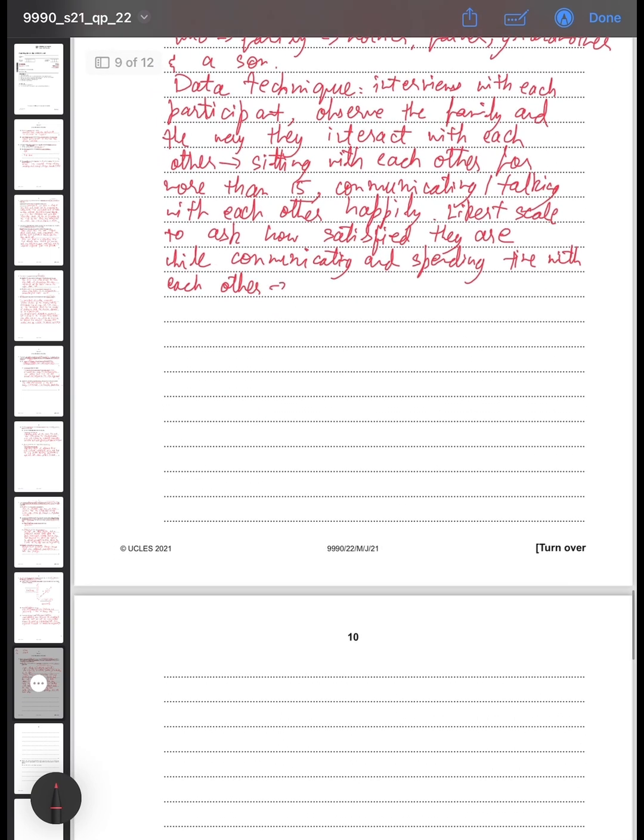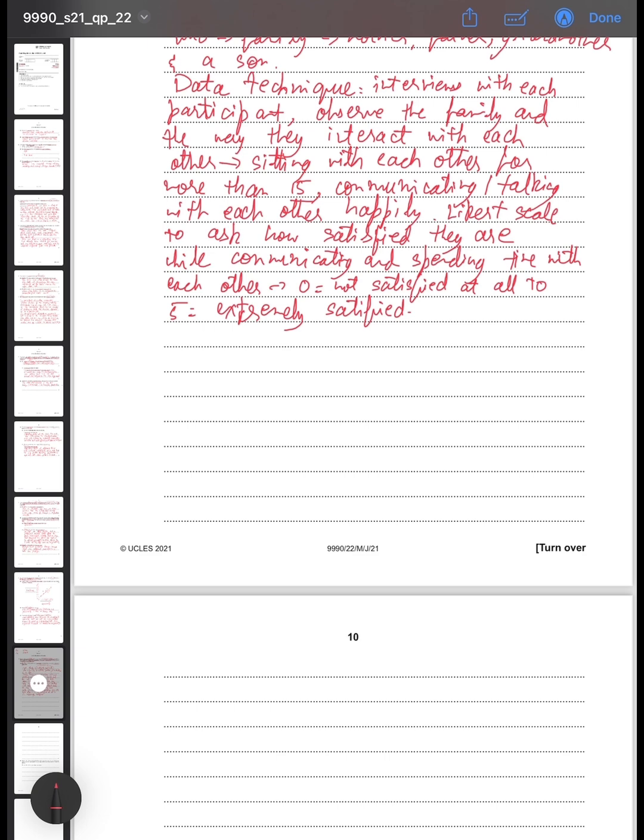This can be a scale from 0 meaning not satisfied at all to 5 meaning extremely satisfied.